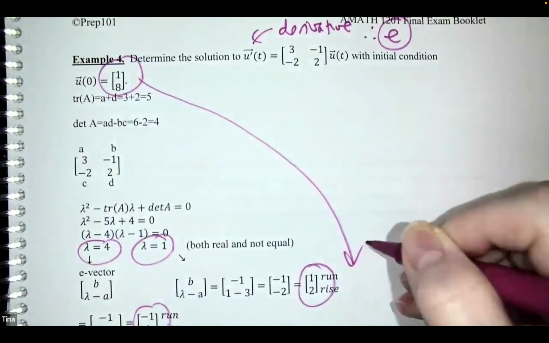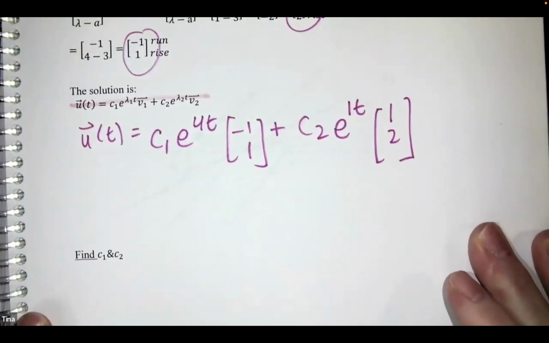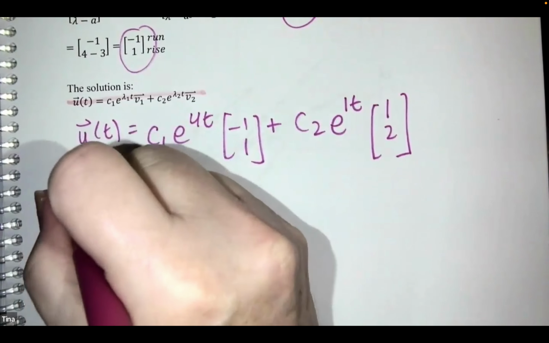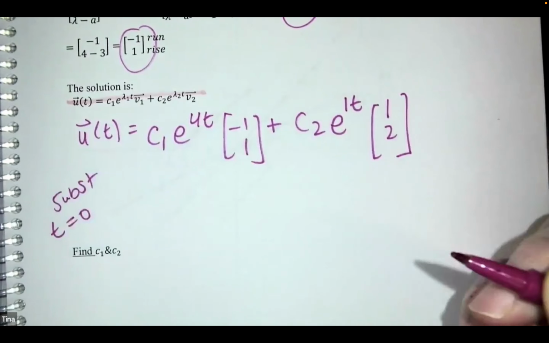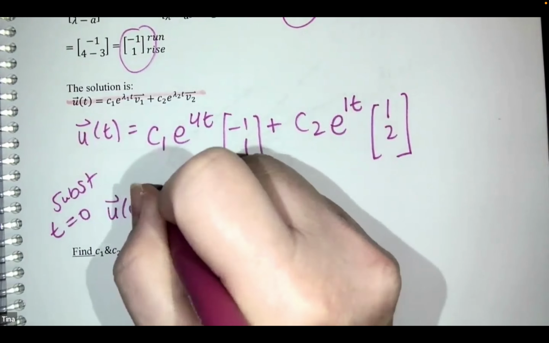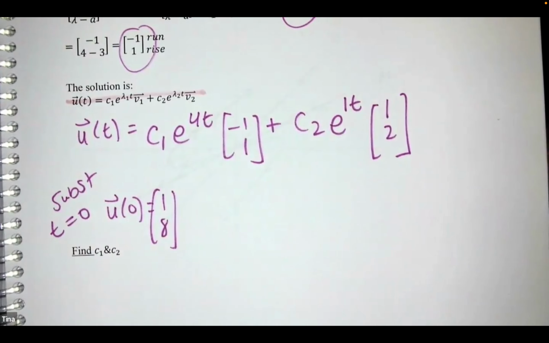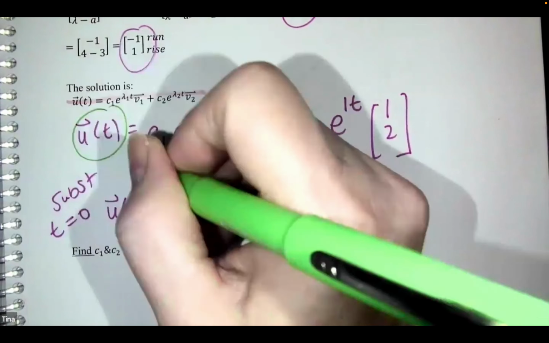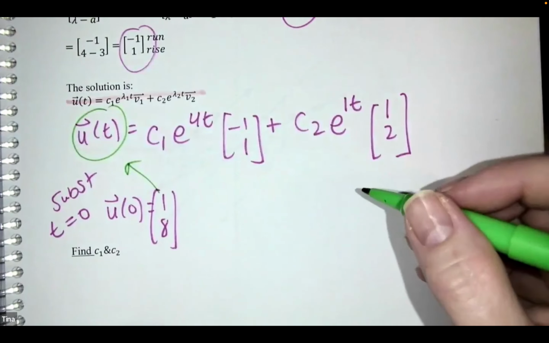Sub in your initial condition. When we sub in our initial condition, don't forget that t is 0. So we're going to put the (1, 8) over there and let all the t's be 0.